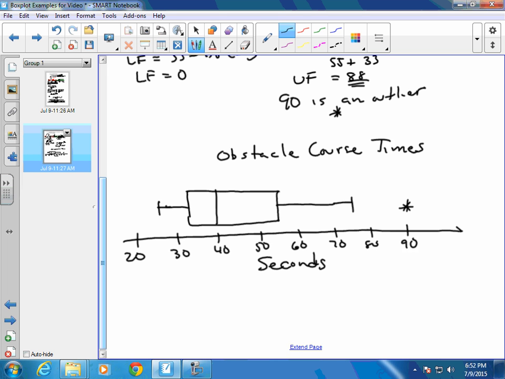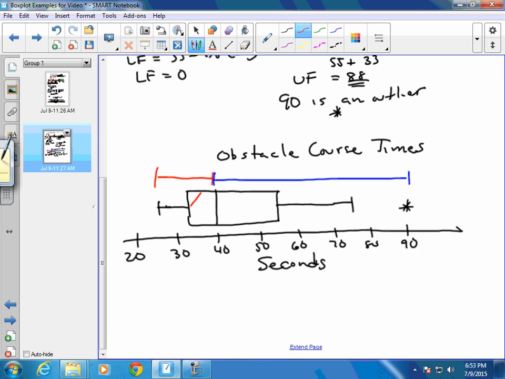This would be a good problem to try in a few days from scratch to see if you can replicate what we got. One of the features of this box plot that's worth talking about is, take a look at the difference between the lower half from the median below versus the upper half.